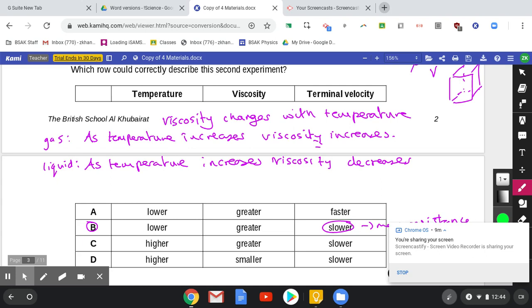In terms of an explanation, we can't use the same explanation as for gases.